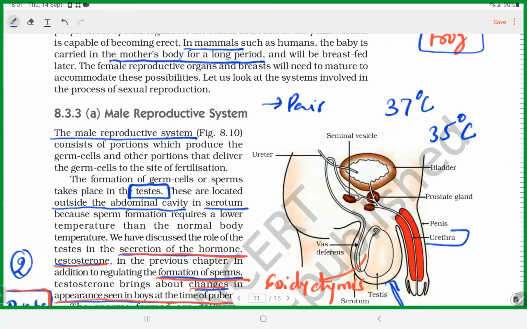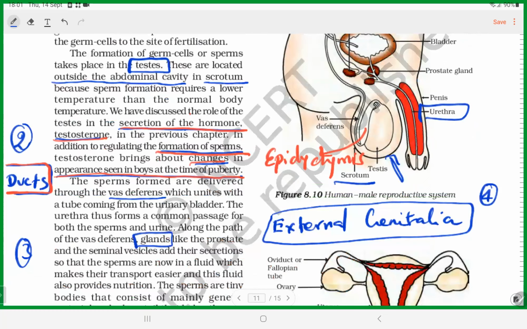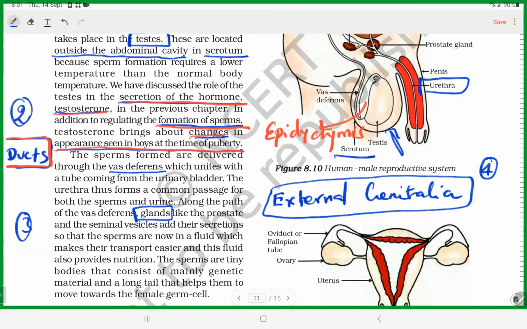The ducts are for the passage of seminal fluid, the sperm cells and the fluid.